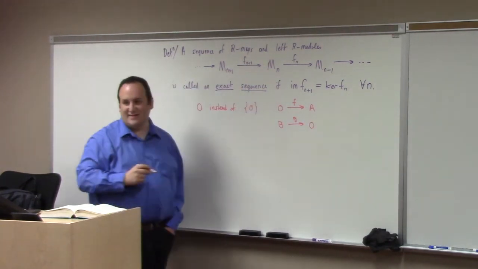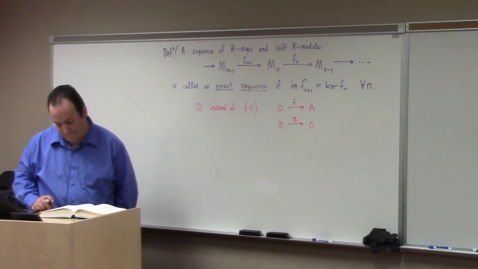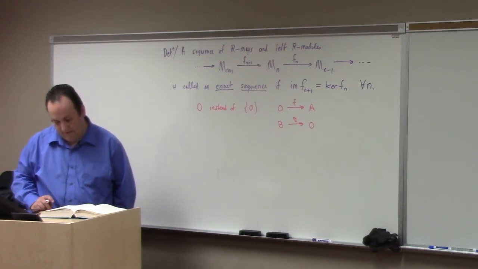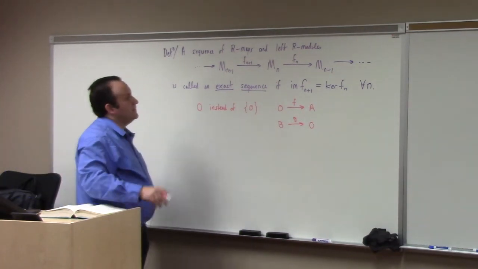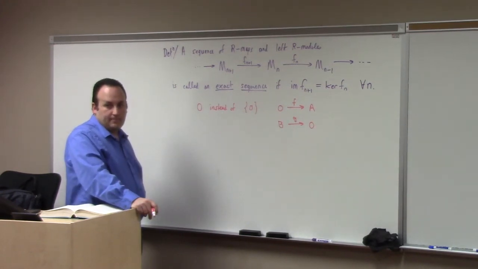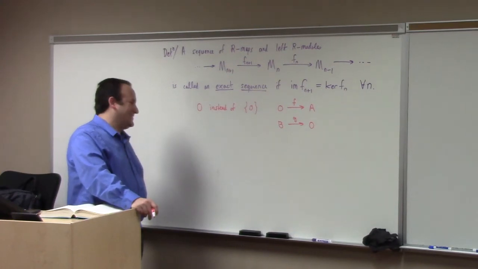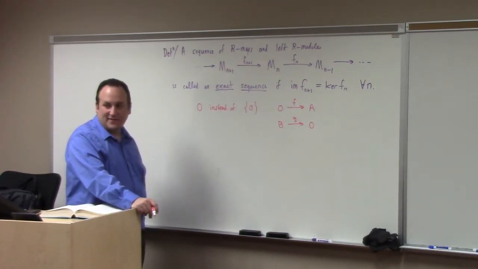There's really no need to label the maps going to 0 or coming from 0 there, because such maps are unique, right? Because either f has to be the 0 map or g has to be the 0 map if it's an R map. Well, regardless of what kind of map it is. Yeah, that's fair enough. It's not even an R map thing. It's just a set theory thing, right?